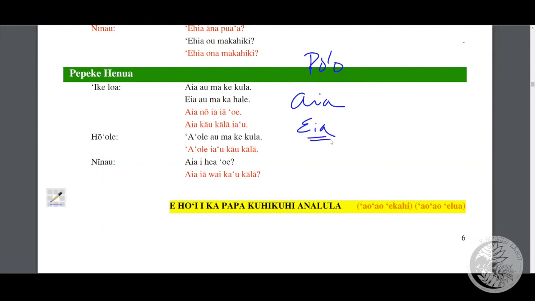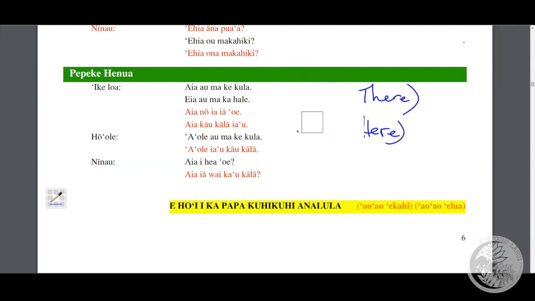And eya generally has the kind of idea of something being located near, and maybe more like the English understanding of here versus something that is there. So in a basic structure of a Pepeke Henua, we can even start off with the basic words of something like eao.